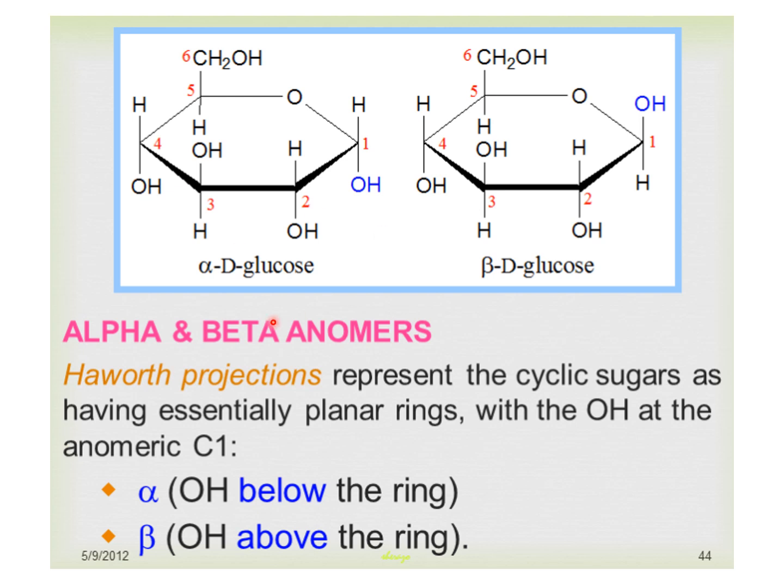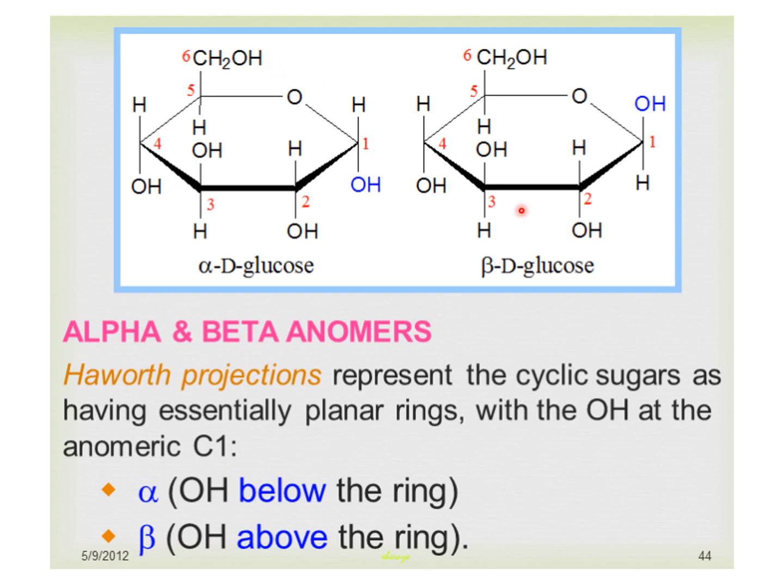I guess I have addressed this already. When you say alpha, that means that at carbon number 1, the OH is found below the cyclic ring of the molecule, and not on the same side as the CH2OH.